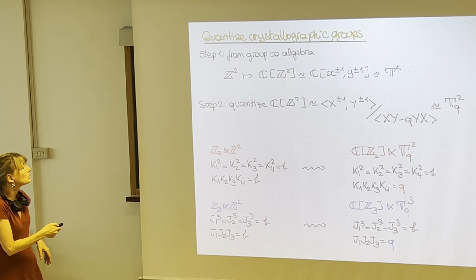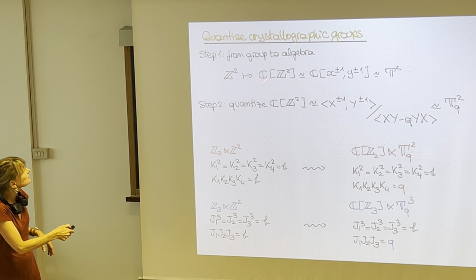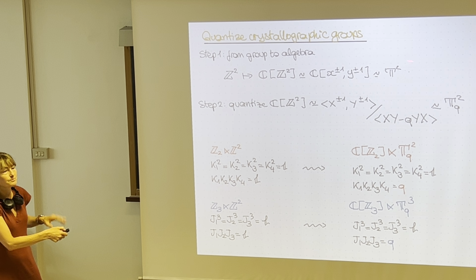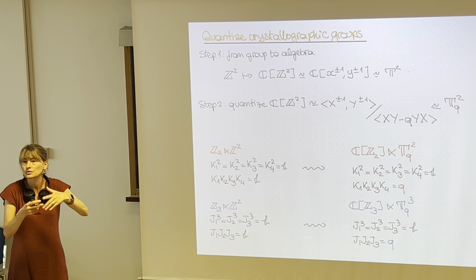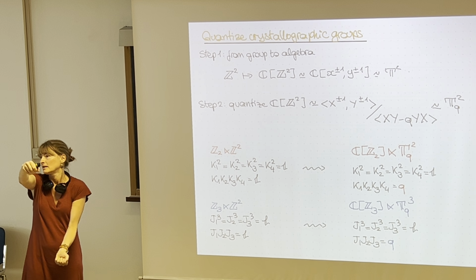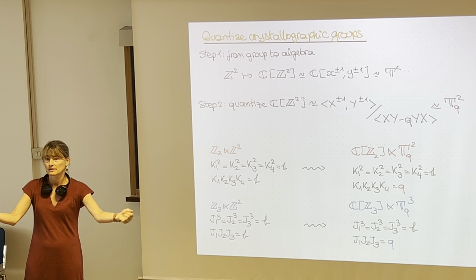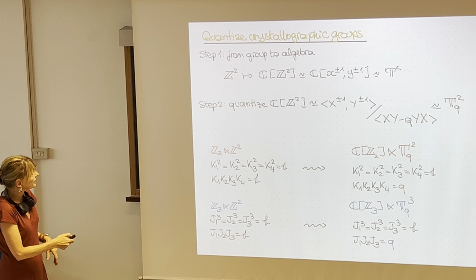So you can imagine that this lattice, roughly speaking, is a torus. Also, you can imagine it geometrically. If I have a square lattice, I identify the opposite sides twice, and then I get a torus. It's the same idea.